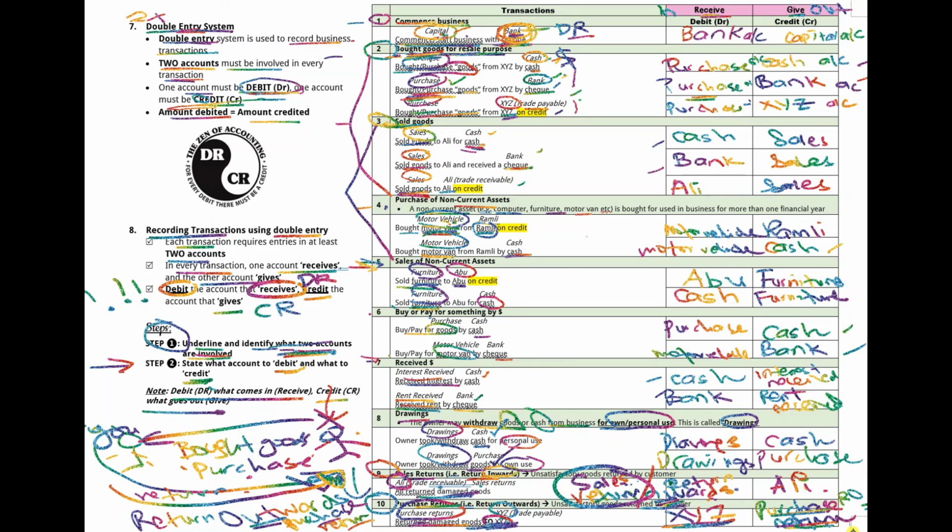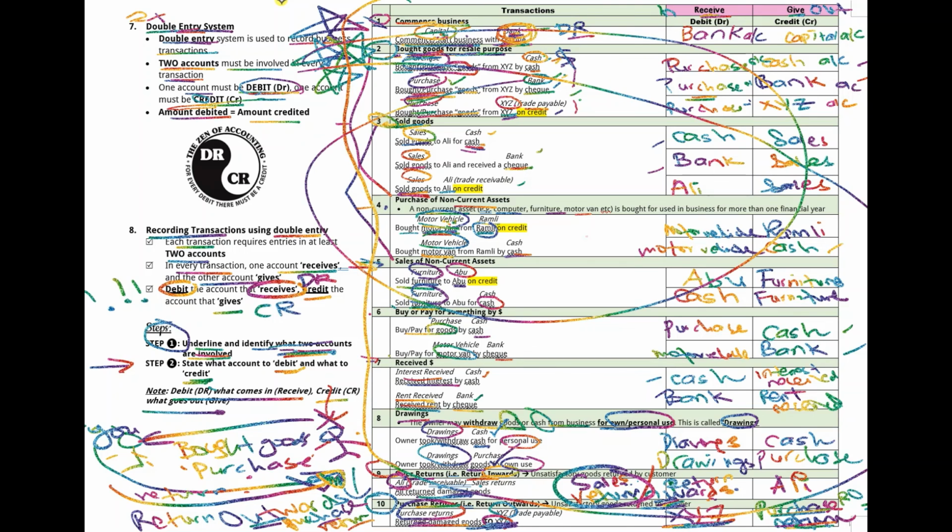This double entry is very important. I think it's the essence of this topic. So it's very important that you know how to do this. I have already categorized all of these according to the categories for you.